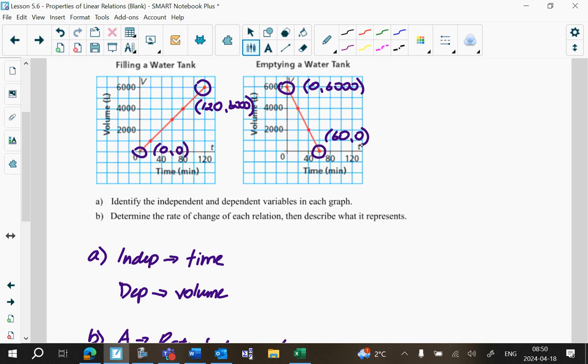And then you just do second y minus first y over second x minus first x. Doesn't matter which one you choose as first and second. I'm going to say this one, so I'm going to go 0 minus 6,000 over 60 minus 0.